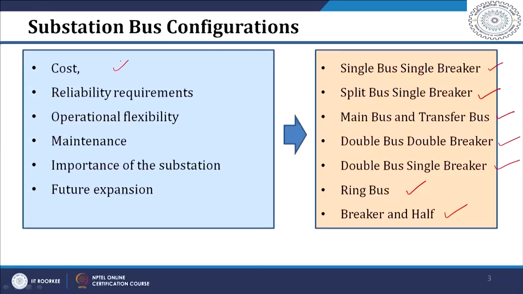Then the reliability of different schemes is different. Operational flexibility is the third reason while choosing the configuration. Maintenance, importance of the substation, and future expansions. All these are reasons based on which you will choose different substation configurations or substation bus layouts.